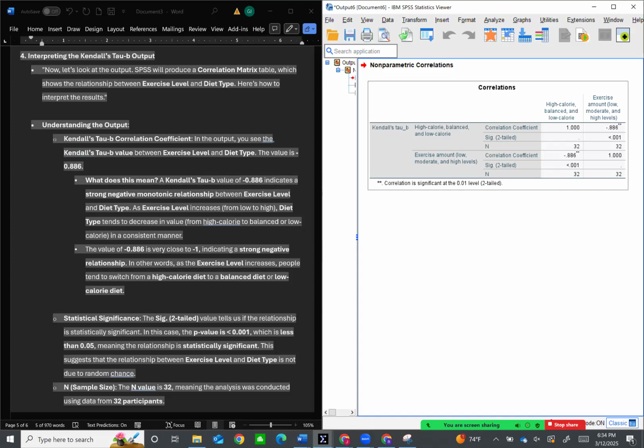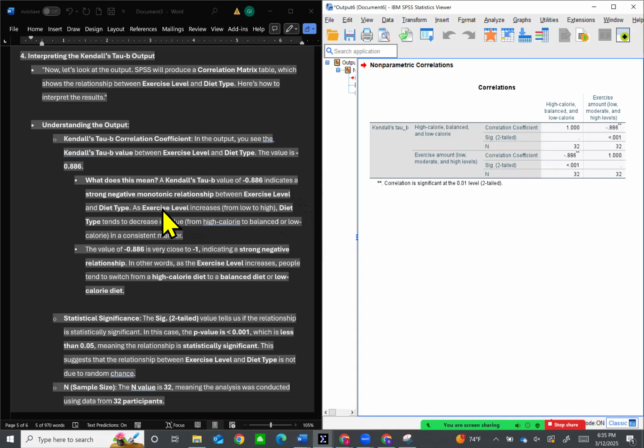And if we look, we can see that for Kendall's tau, diet type is correlated with itself perfectly, but with exercise amount equal to negative 0.886, or we could round and say negative 0.89. And so that is a definitely strong negative monotonic relationship between our variables, exercise level and diet type.